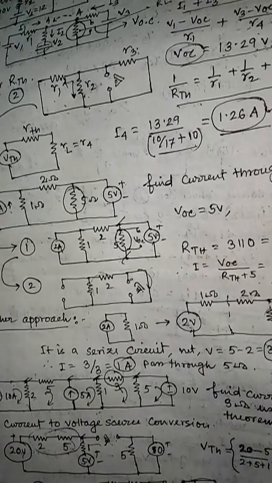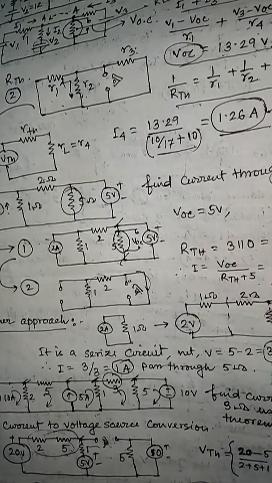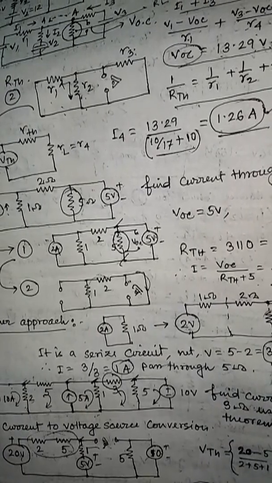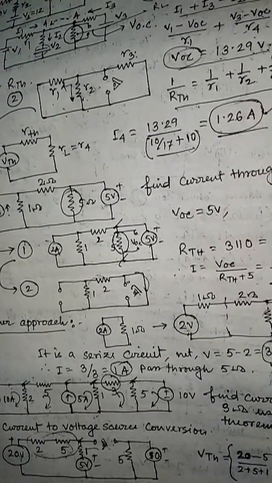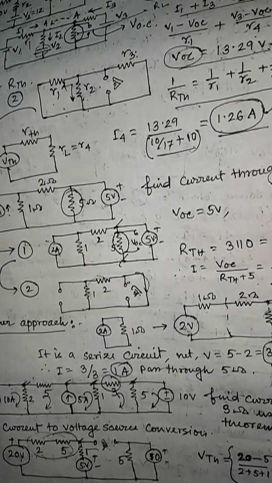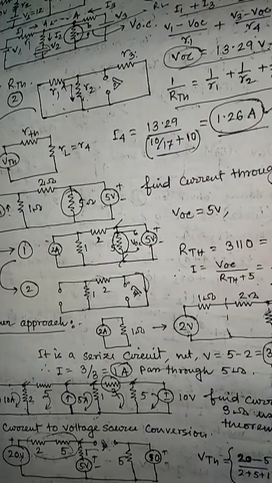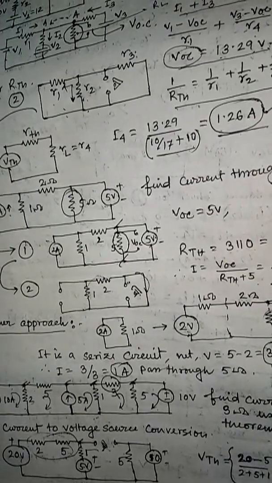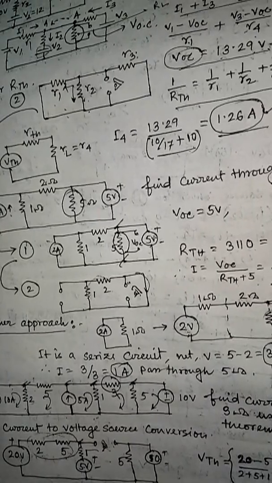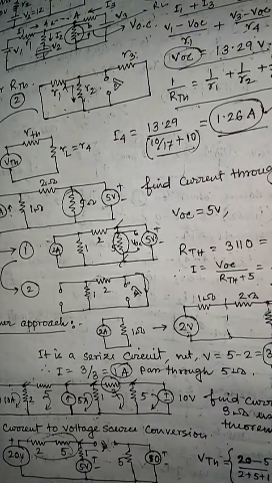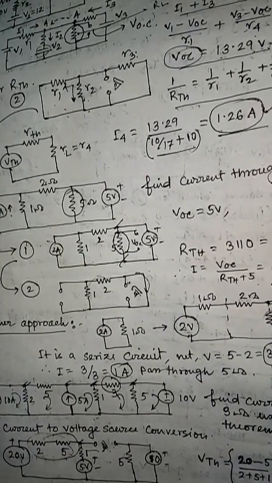So what is I? Therefore VOC divided by RTH plus 3. Here 3 is the load resistance, RTH is the calculated one. So finally the value will be obtained as 0.806 ampere. In this way you have to solve different problems, and whatever problems you solve using Thevenin's, Norton's, superposition and different theorems in AC and DC circuits, I will show you this type of problem in another problem also.